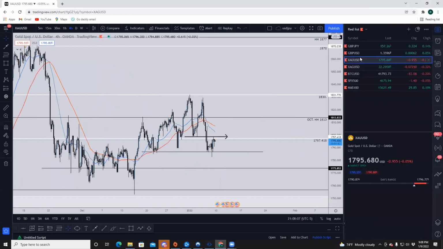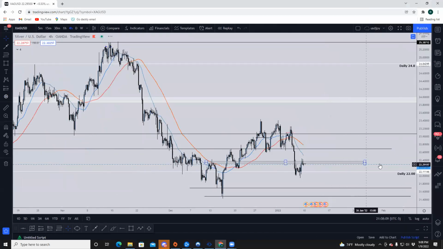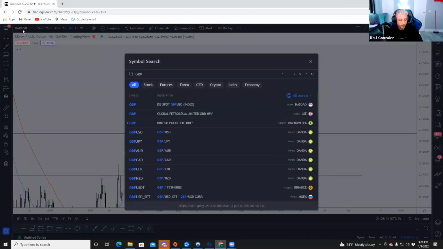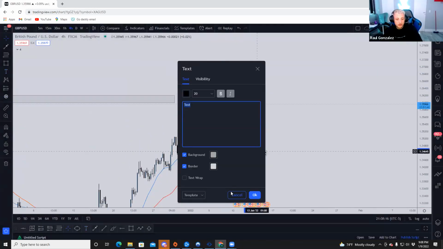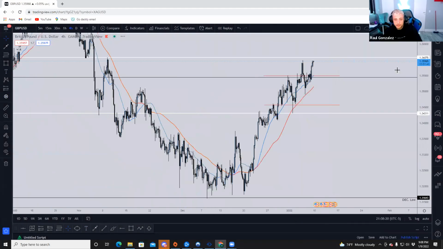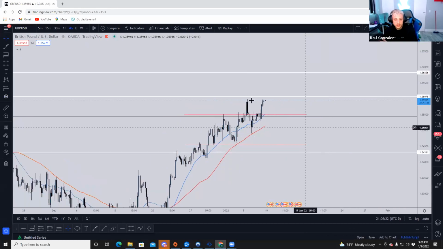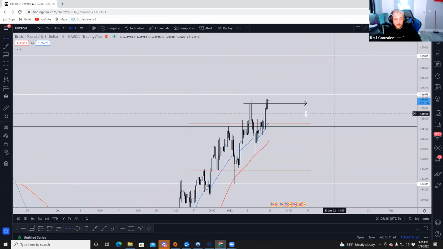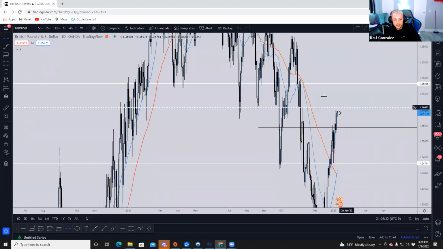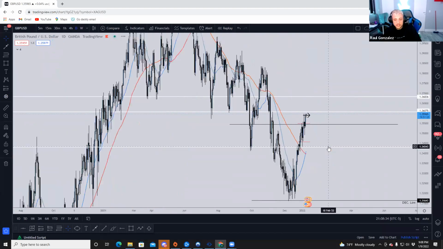Raul, yeah. What about GU? Let me see. GU is obviously currently breaking above this 4-hour level of resistance. The thing is, it's trading near this major area on the daily time frame, so I want to wait and see what it does there.